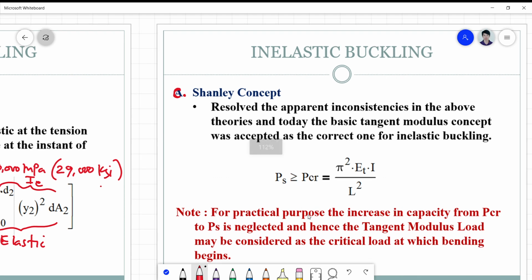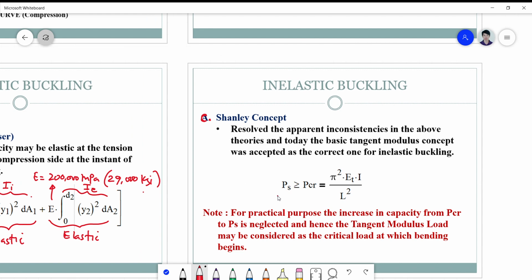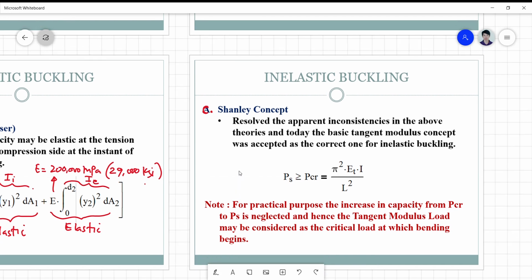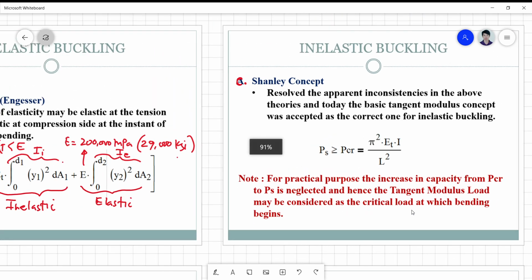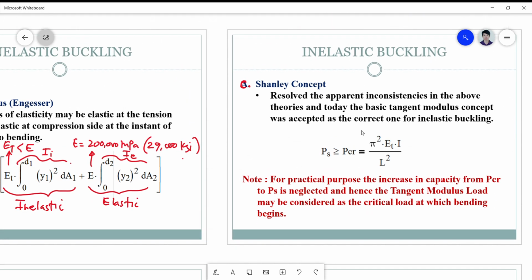But for practical purposes, such increase in capacity may be neglected, and hence the tangent modulus load is the one considered as the critical load at which the bending begins in the inelastic range. So this is now the inelastic.